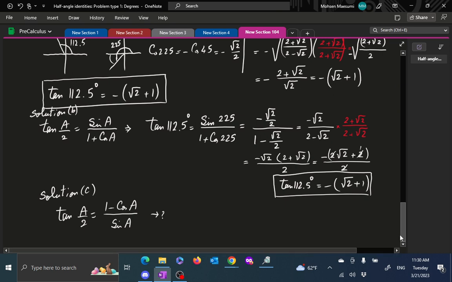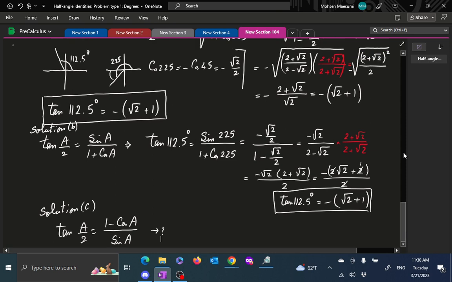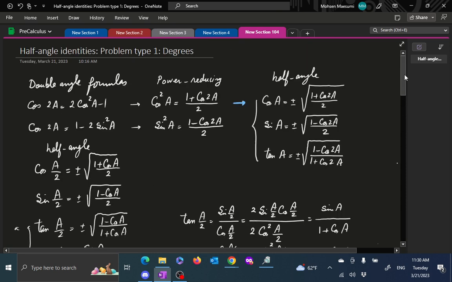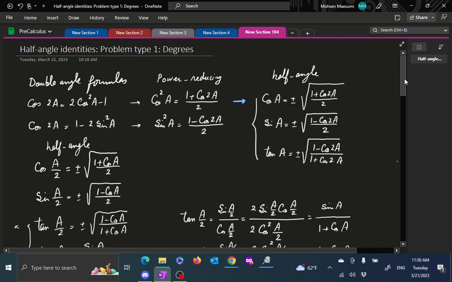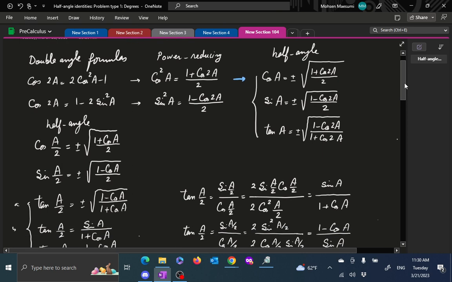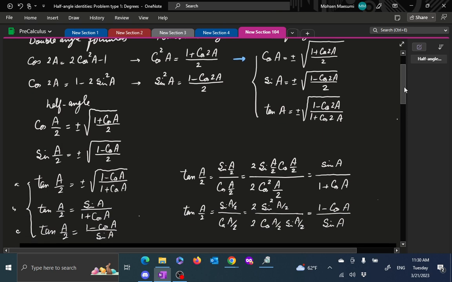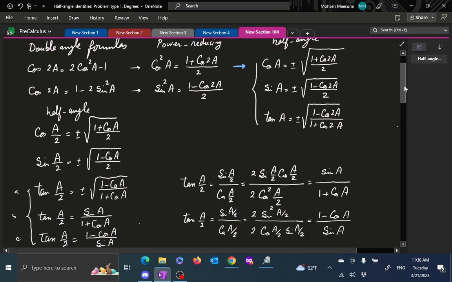Okay, so what did we do? Half angle identities, a whole bunch of them here. So we said it comes from the double angle identities that you had already. We already had the power reducing style of this thing. All that we are doing is taking the square root. There's a plus or minus.